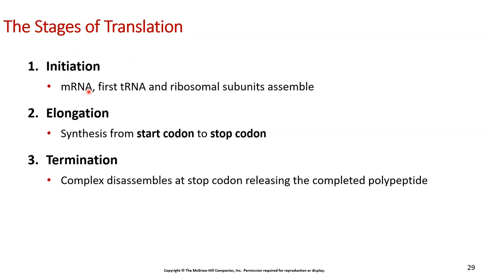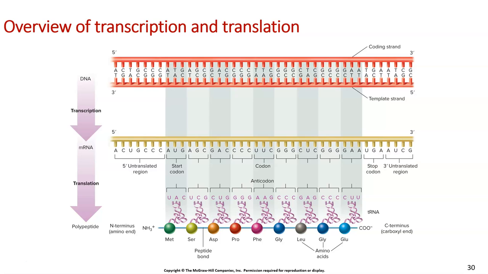It has the same ones as transcription, which would begin with initiation. So first the mRNA, tRNA, and the ribosome come together. Elongation, we go from start to stop. And then finally termination, everything separates, and then you have your final polypeptide, which will then start its folding process and then be functional like we've talked about before.